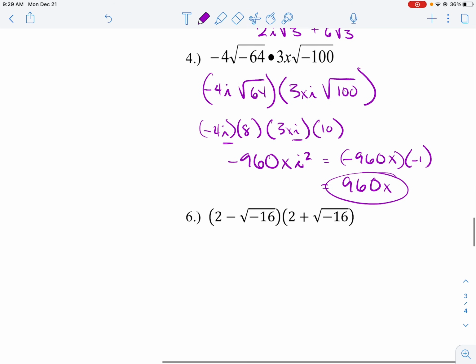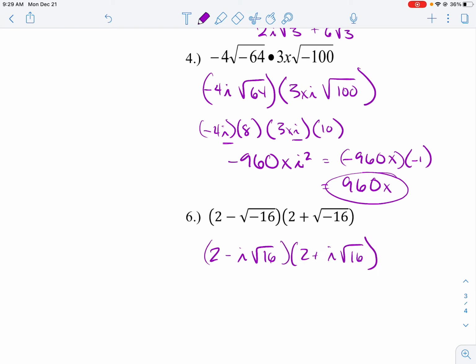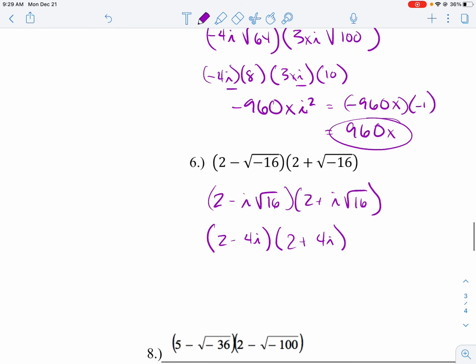Take a look at number 6. Okay, see a negative, bring it out. See a negative, bring it out. Square root of 16 is 4, so 4i here, 2 plus 4i here, and this looks very similar to our difference of two squares, right?